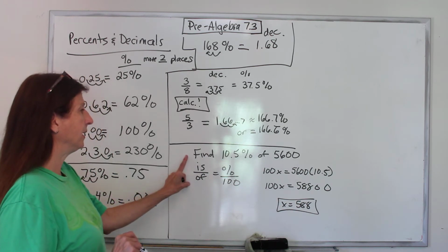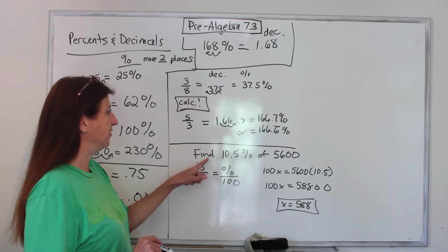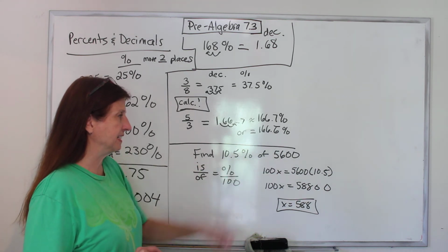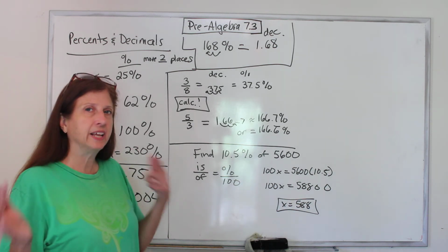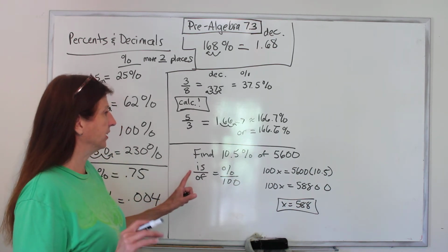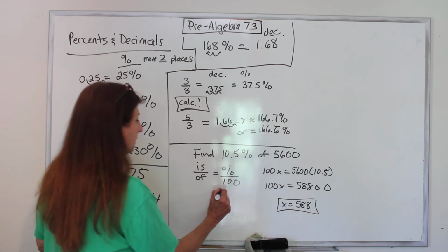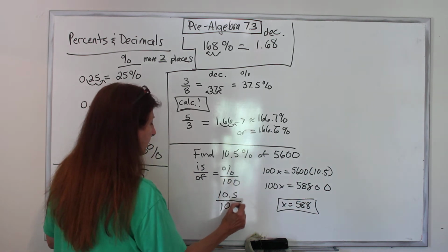All right, so here they gave us another is-of percent problem. It says find 10.5% of 5,600. It's a little confusing because they didn't use the word is, so we have to figure it out. Well, we can tell 10.5 is the percent, 100 is 100, so we're good there.